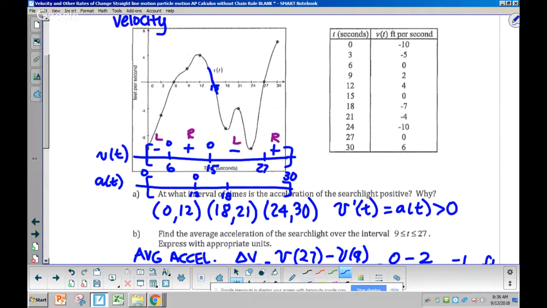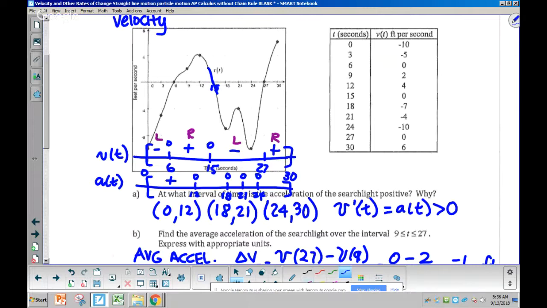18, I have a 0 slope. Good. 21. Goodness gracious, I got a whole bunch of them. And then 24. So what kind of slopes do I have between 0 and 12? Positive, good. There's my sign chart piece.